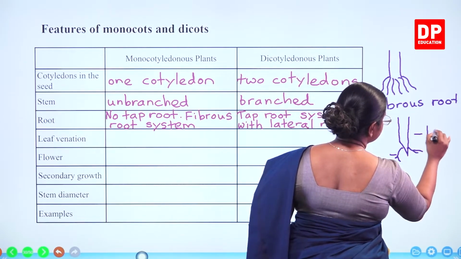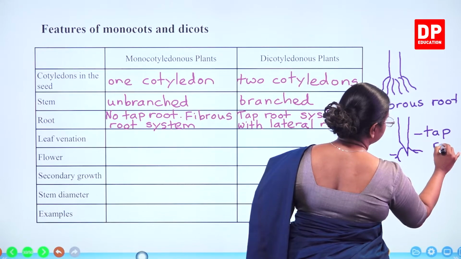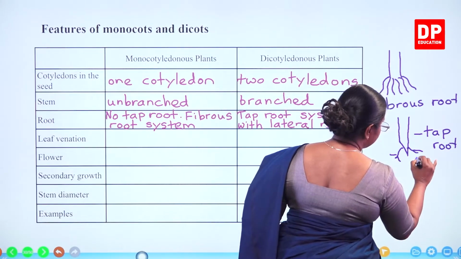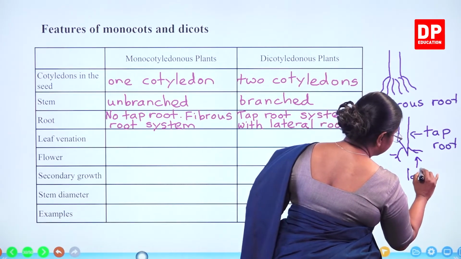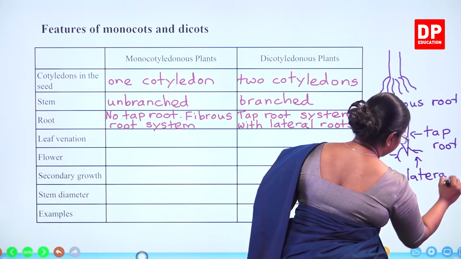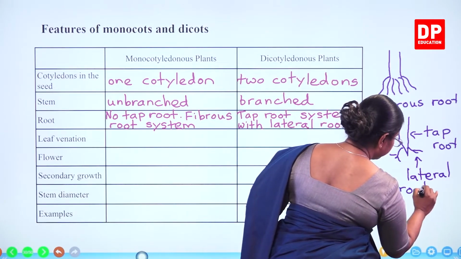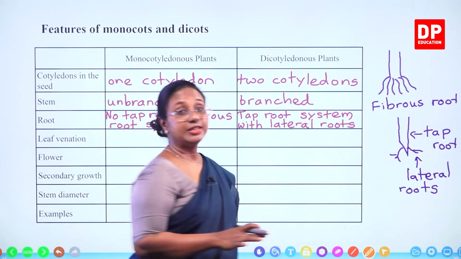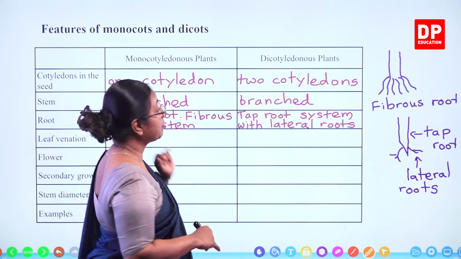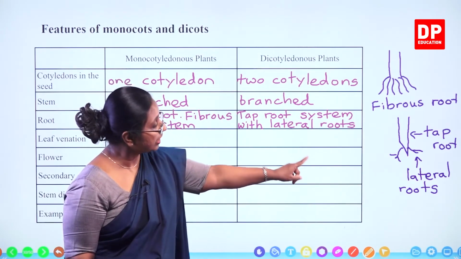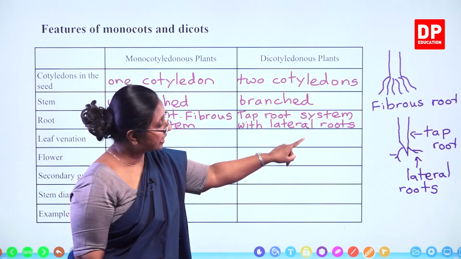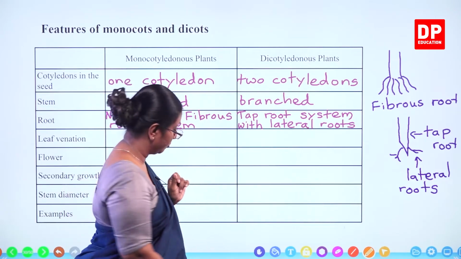So this is a tap root. And these are the lateral roots. So you're familiar with the two types of roots. In monocots there is the fibrous root, and in the dicots there is the tap root with the lateral roots.